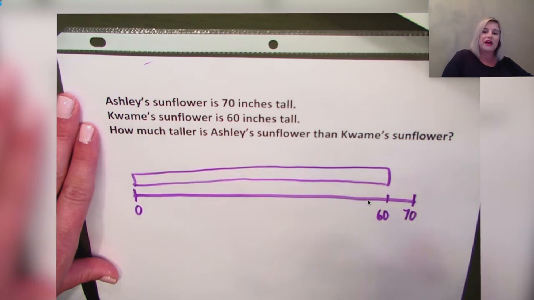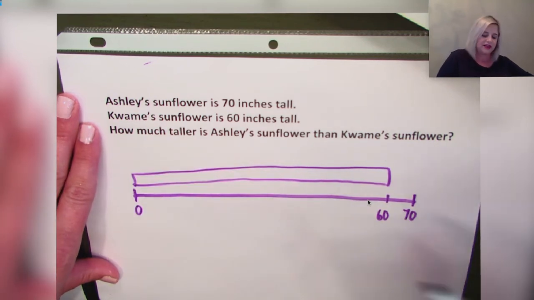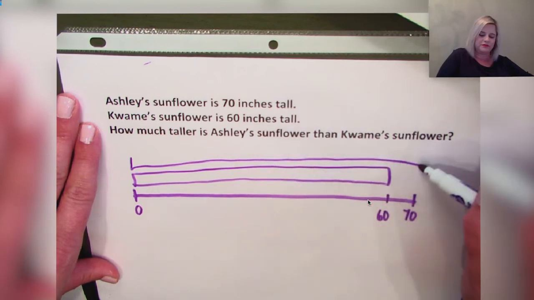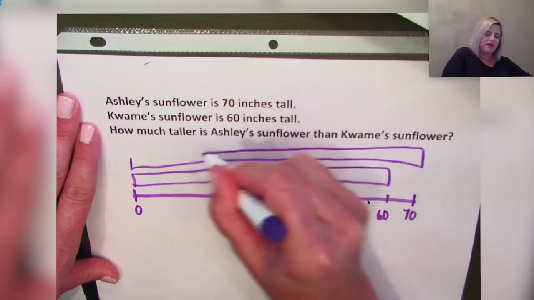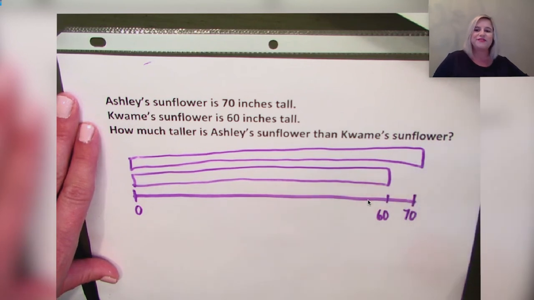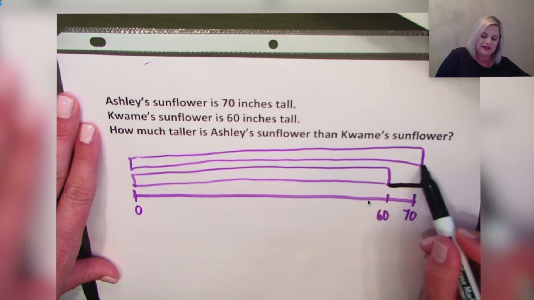And then I know another sunflower is 70 inches tall. And we can see by the model, what do we have left? 10. Very good.